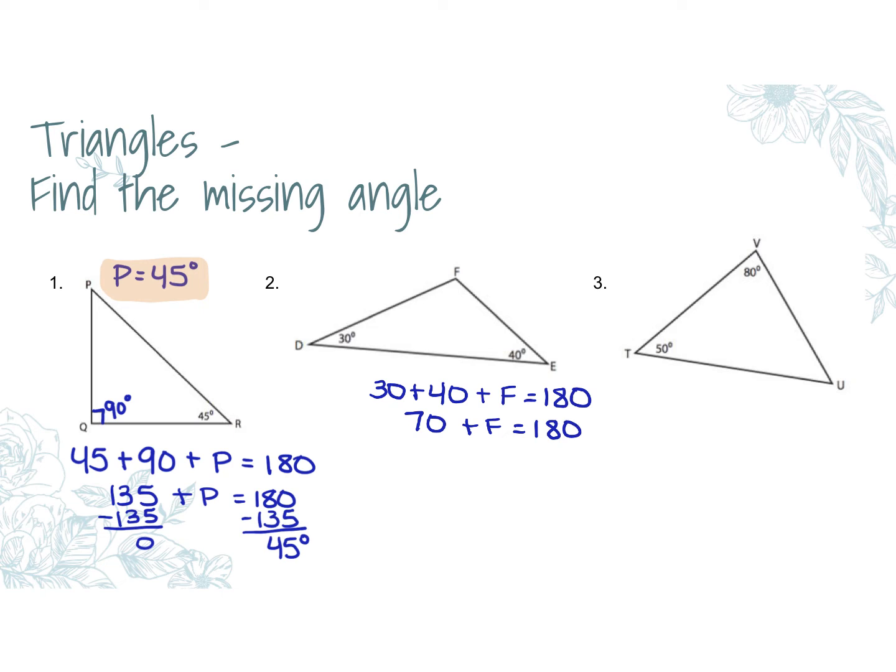And next I would need to subtract 70 on both sides to get angle F by itself. Angle F will be 110 degrees.